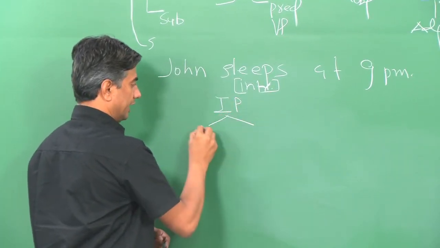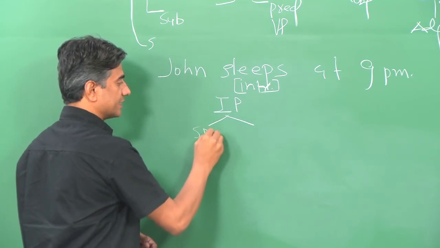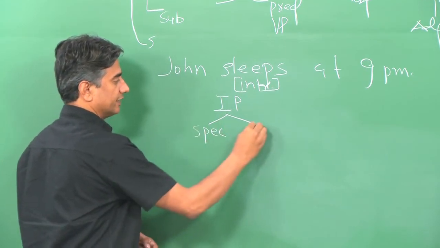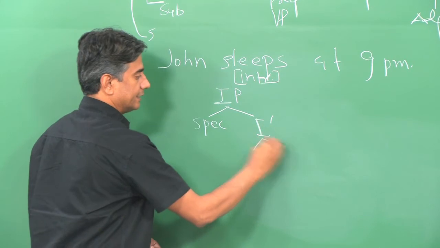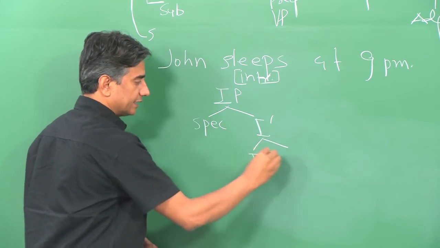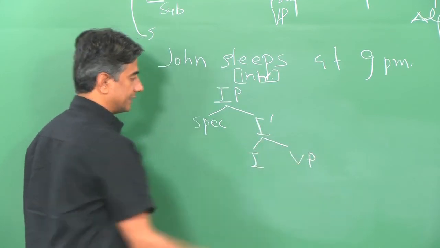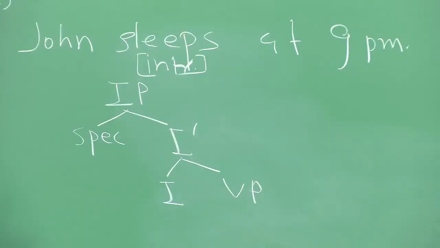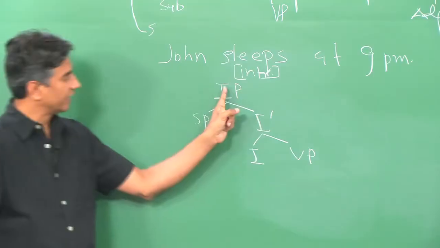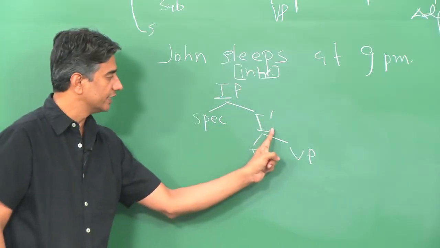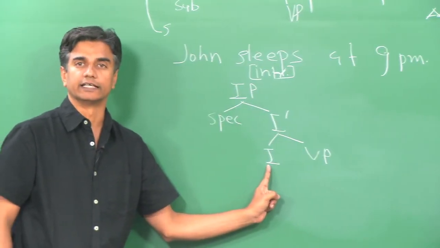where in the specifier position of this phrase, please note that this is still following the template of a phrase. This is still following the structure of a phrase where we have a maximal layer, intermediate layer and the terminal layer.